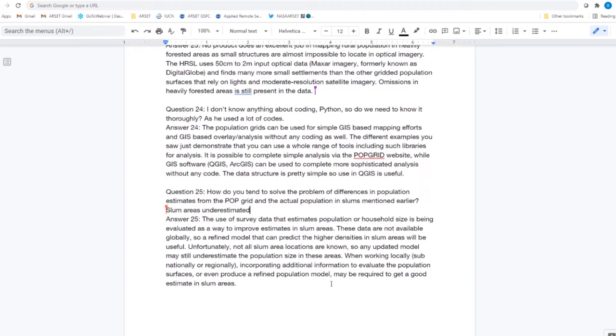Unfortunately, there's no good global source of survey data from slums, but you could train a model to predict it in areas. But again, that would require knowing where the slums are. So this is something best done regionally or subnationally, at a city level or a country level, where you've got ancillary data on the location of the slums so that you can do a better job of predicting the population.